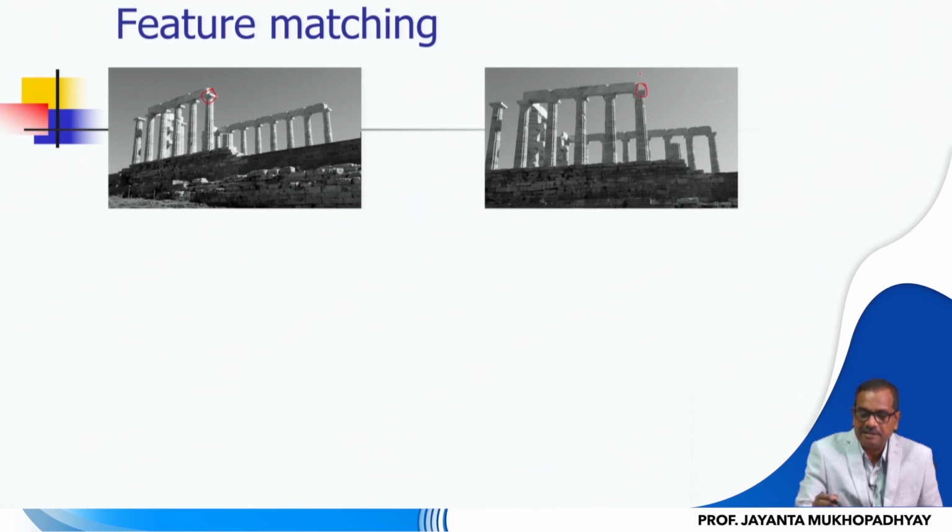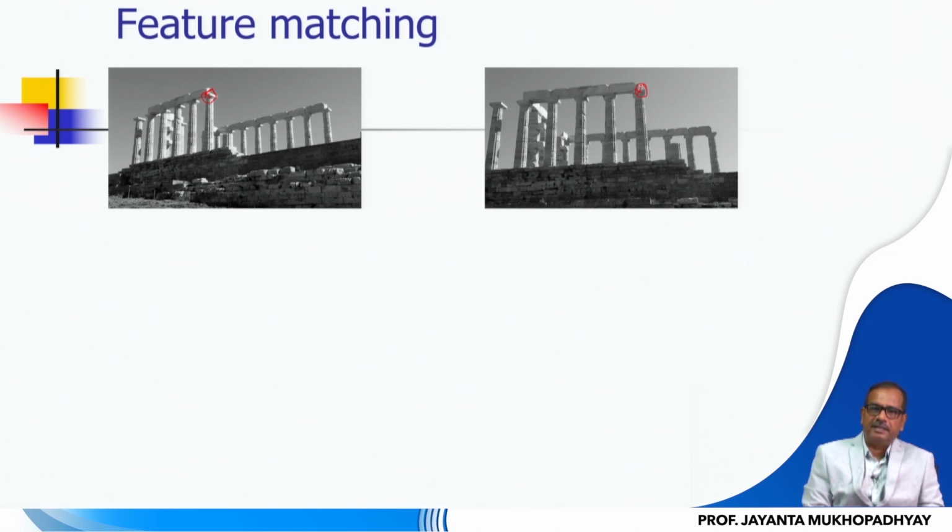Visually we can see that this point, the joint of these two faces at the corner point, and this point should be the same point of the scene. But can you perform matching of these points?